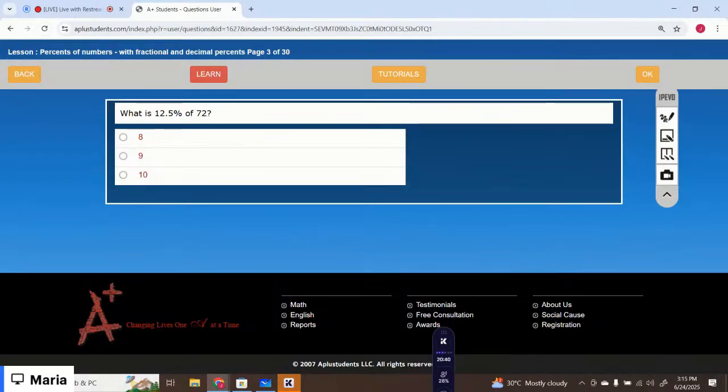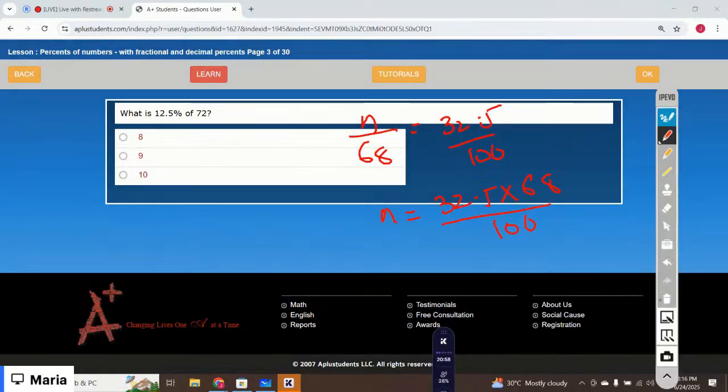What is 12.5% of the number? So n over the number equals 12.5 over 100.